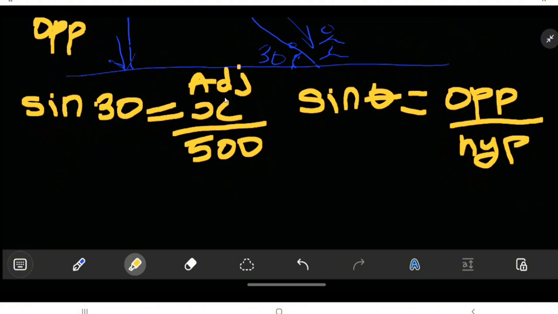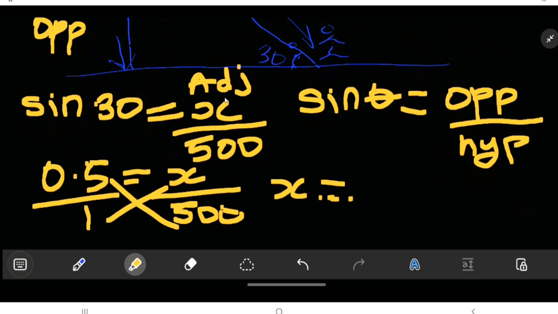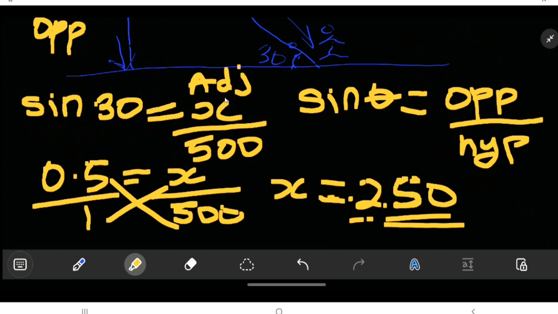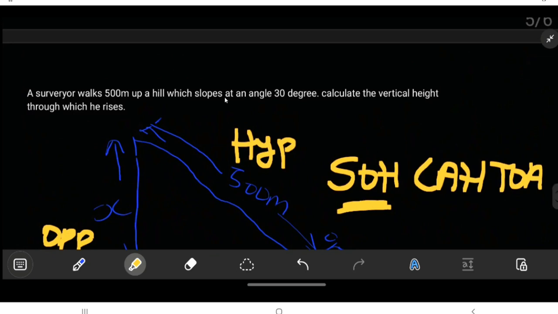Sine 30 is 0.5, so we have 0.5 equals x over 500. So we cross multiply. So x equals 0.5 times 500, which is 250. So our x in this case is 250. So 250 meters is the vertical height through which he rises.